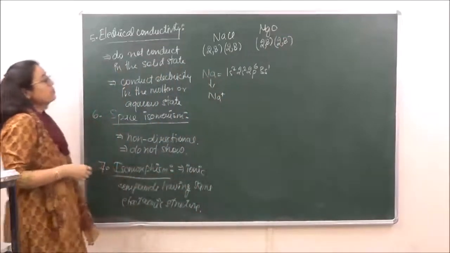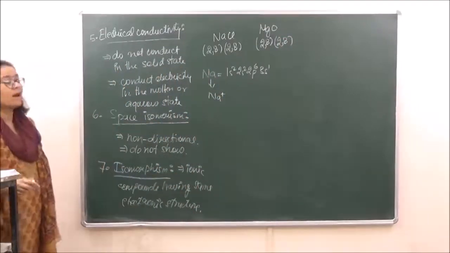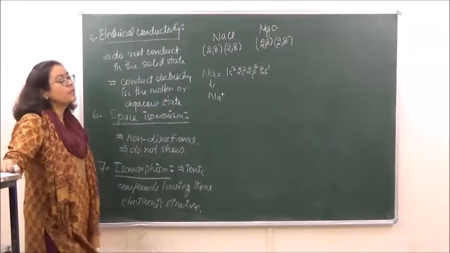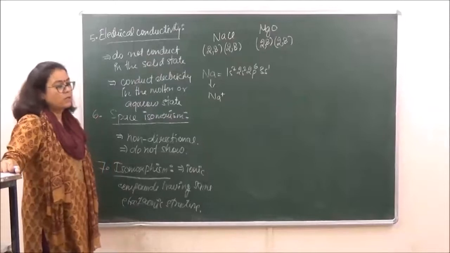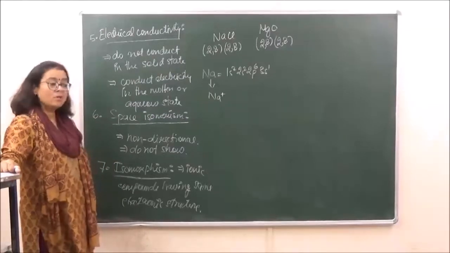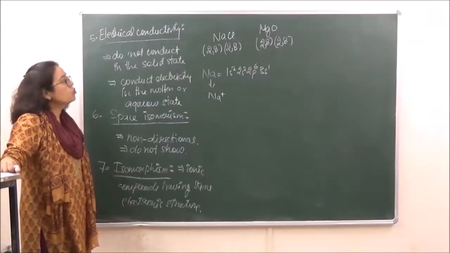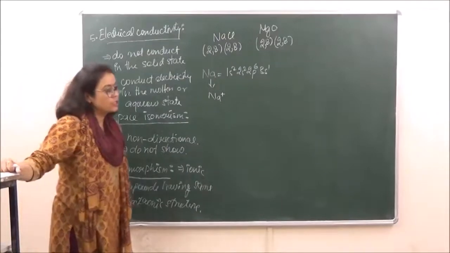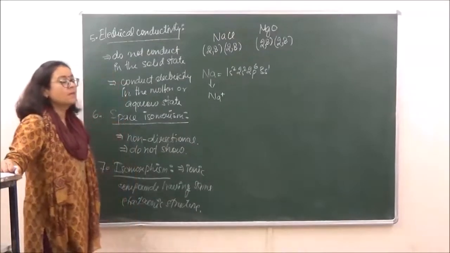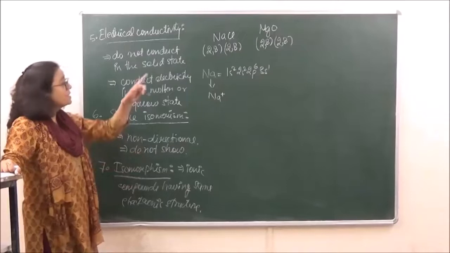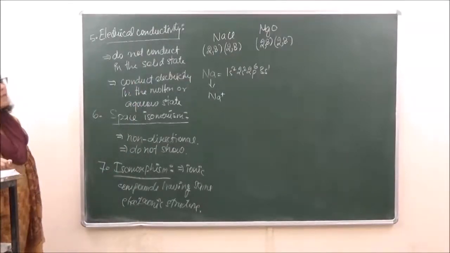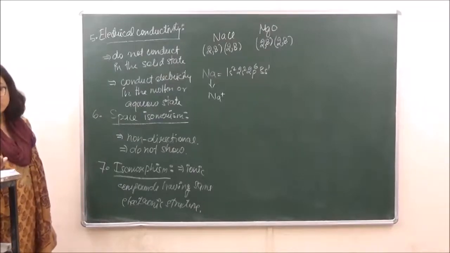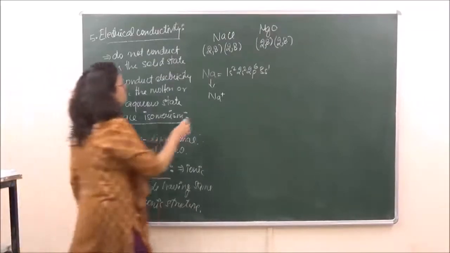So both the compounds share the same electronic structure. Therefore they are isomorphs, which means they will have the same crystalline structure. All those which have the same electronic structure will have the same crystalline structure. So NaCl and MgO are isomorphs of each other. Have you understood?